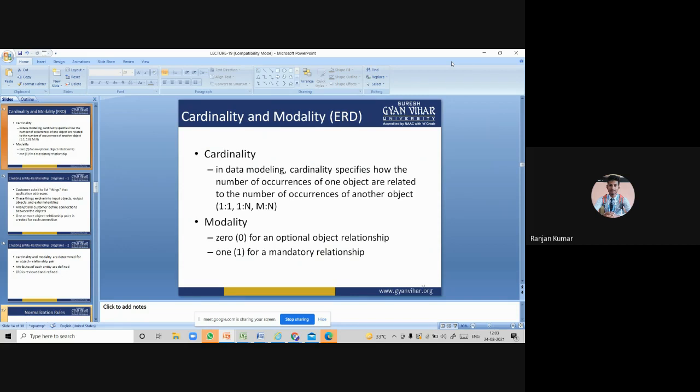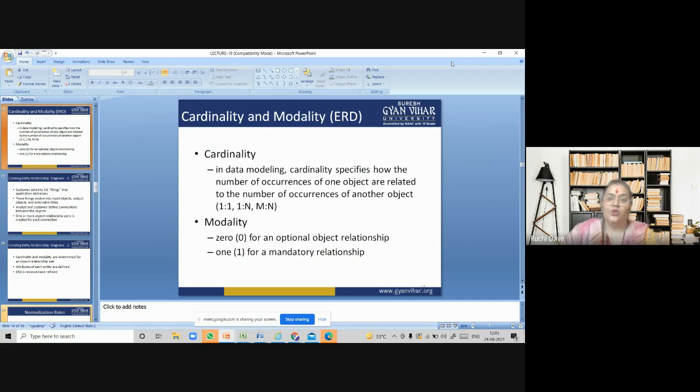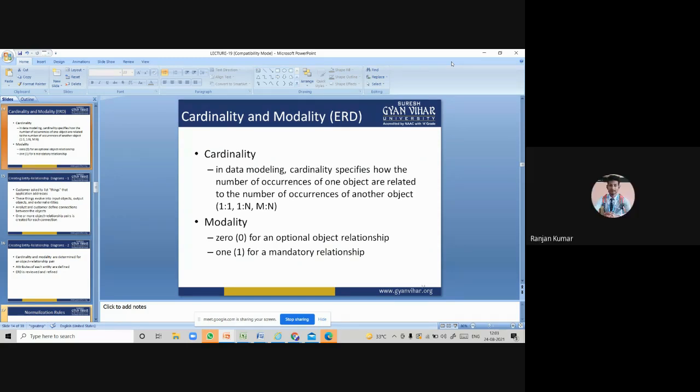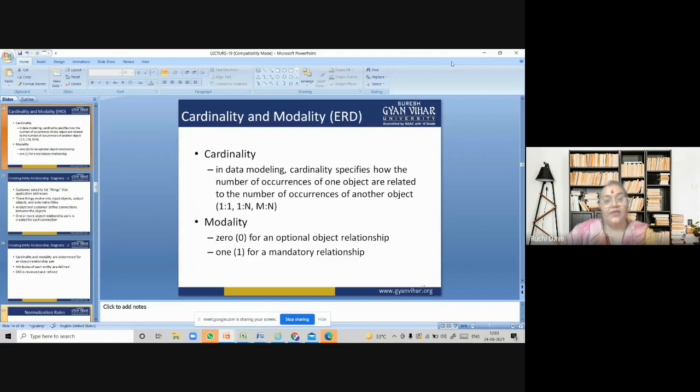Cardinality can be one to one, one to many, many to one, or many to many. Modality is 0 for an optional object relationship and modality is 1 for a mandatory relationship.